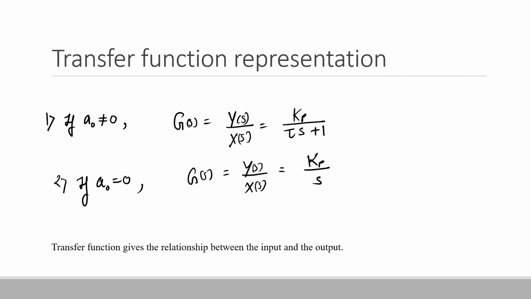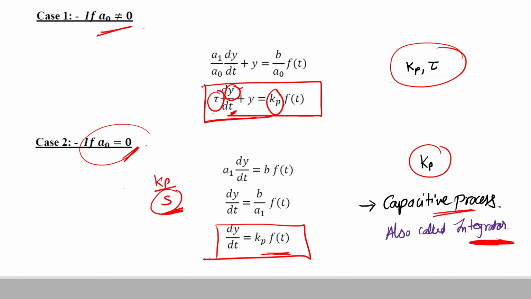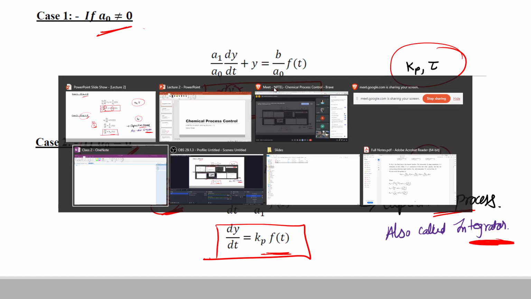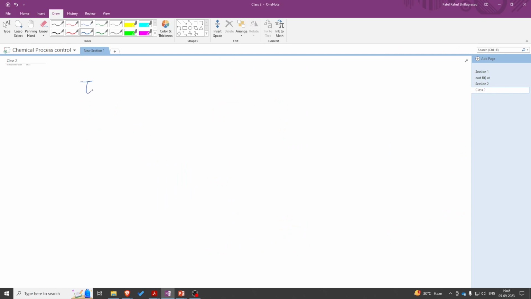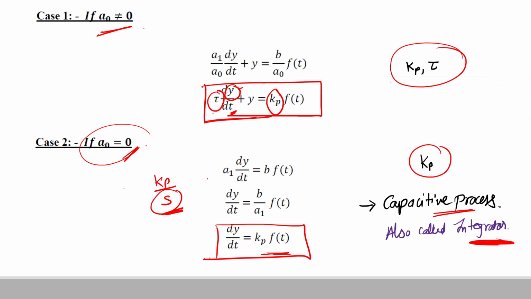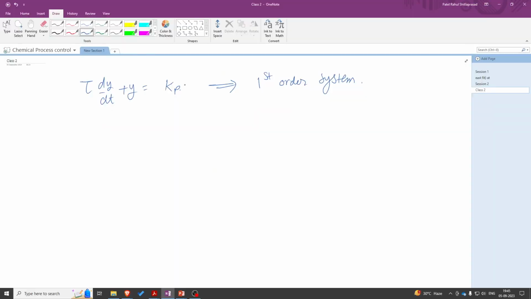Now we will see the transfer function representation of this system. Let's say I'm representing my first order system as tau dy by dt plus y is equal to Kp into an input, let's call it x of t.